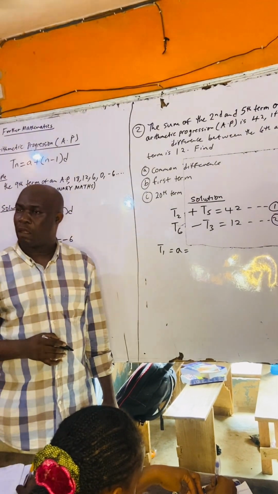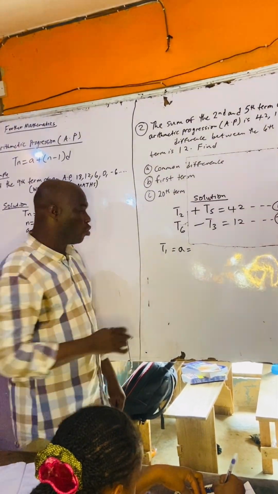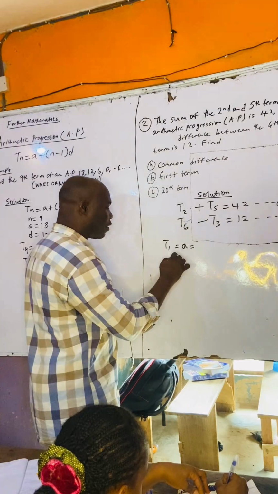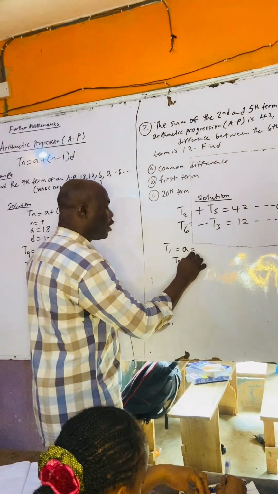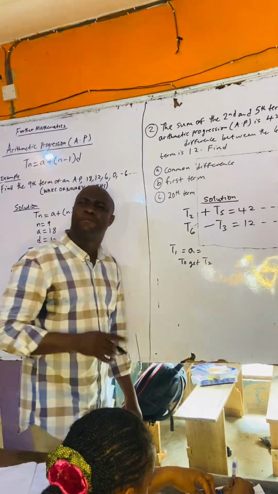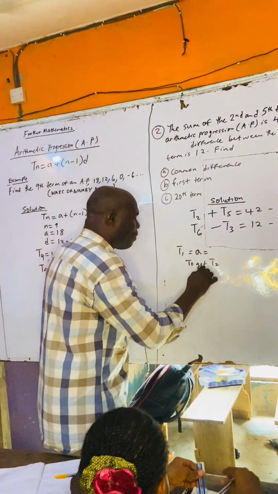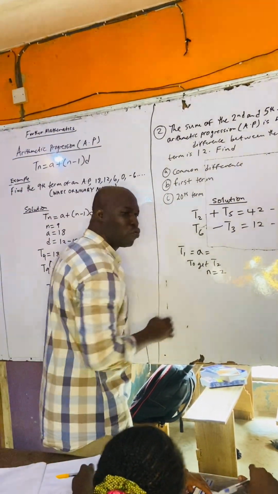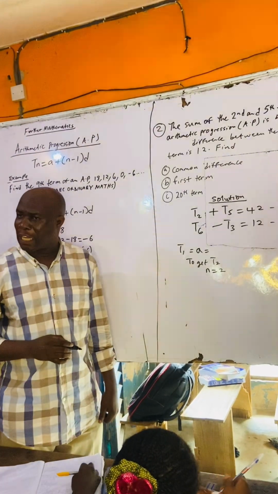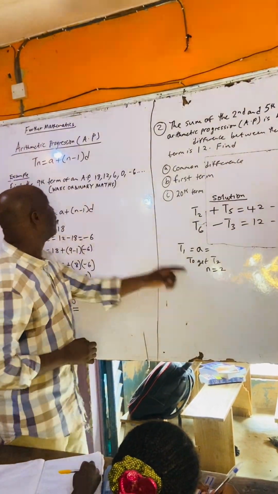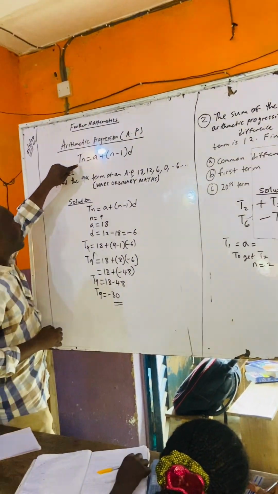Are we together? For you to get T2, it means that your number of term n is equal to 2. Don't forget the formula. See the n beside T.